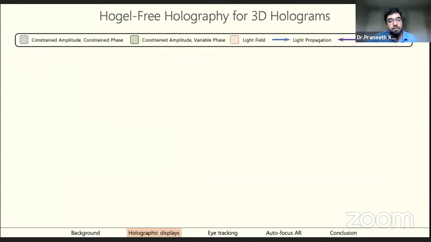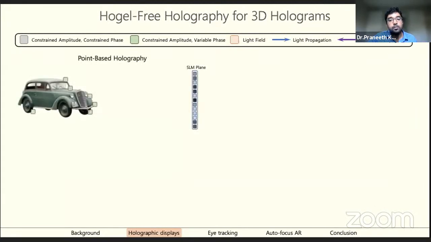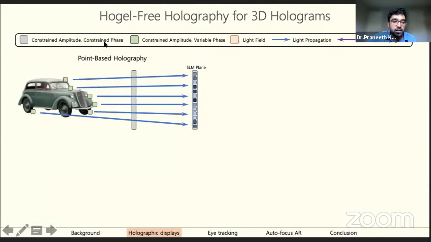So let me review here some common 3D hologram computation methods, right? There are point-based methods where every point of the 3D object is treated as a point source emitter, and we let this point source emitter emit light within a certain diffraction cone, and then we compute the hologram based on calculating Euclidean distances or whatever.